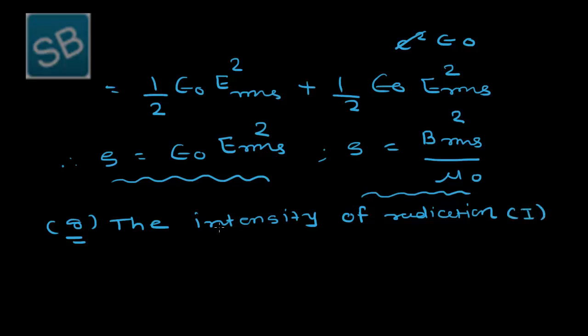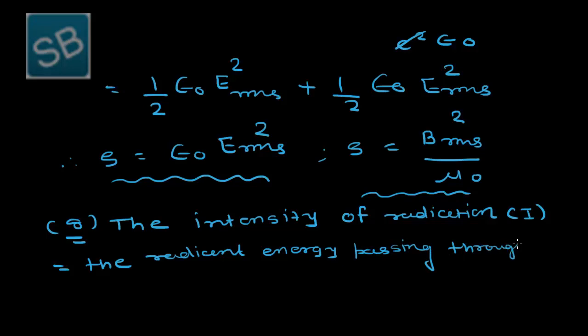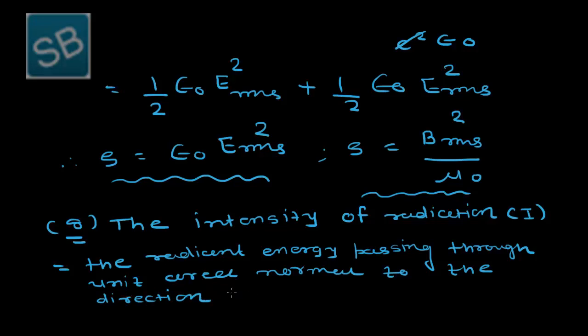That is I, defined as the radiant energy passing through unit area normal to the direction of propagation in 1 second.